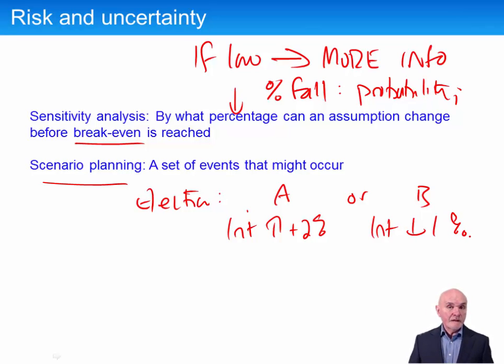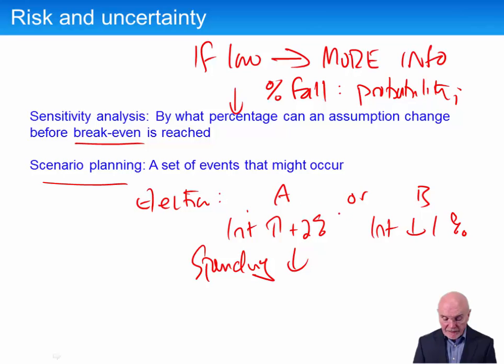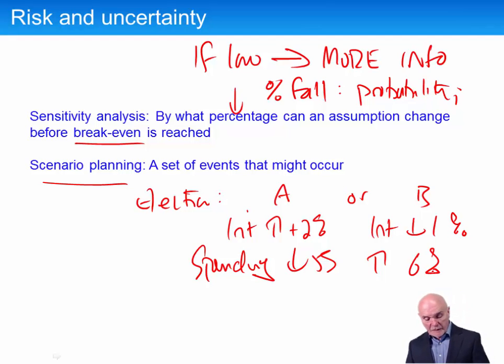And then we think at the same time, maybe we have government spending. Maybe we think this is potentially going to go down here by 5%. Maybe this one here will go up by maybe 6%. Now, in a way, what we've got here are potentially a number of different permutations, 4 different permutations.